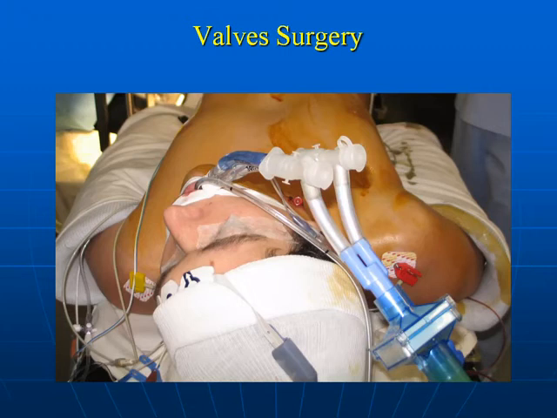intravenous. In valve surgery, we tend to place a small introducer in the right internal jugular vein in case you need it. In our early experience, we used to cannulate in each patient the femoral vein and the internal jugular vein.